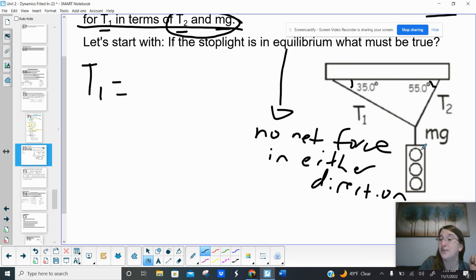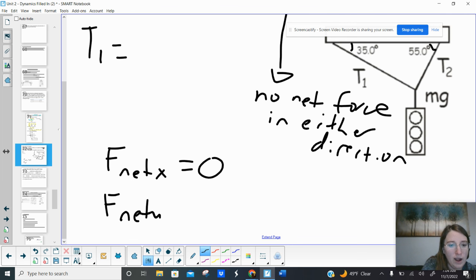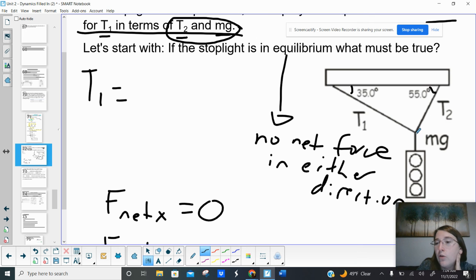So this is my hint for you, and this is what you're going to use to attack number 5 in the homework, which is not as hard as this. What we know is that my net force in the x equals 0, and my net force in the y equals 0. I'm going to give you one more little hint here that you're going to want to redraw this.